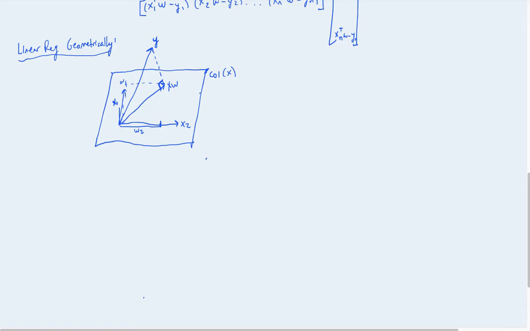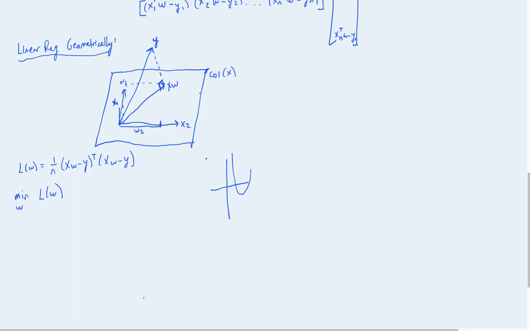Next, let's talk about how we solve for W given a data set. So we know that our loss function is equal to 1 over n, (xw minus y) transpose, (xw minus y), and we want to find a W that minimizes this measure of error. So we want the min over all possible W's of this loss function. One way that we can minimize a function, we learned from calculus, is to take the derivative and set that to 0.